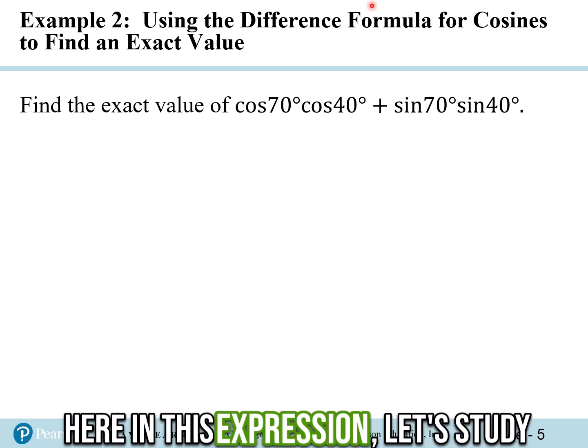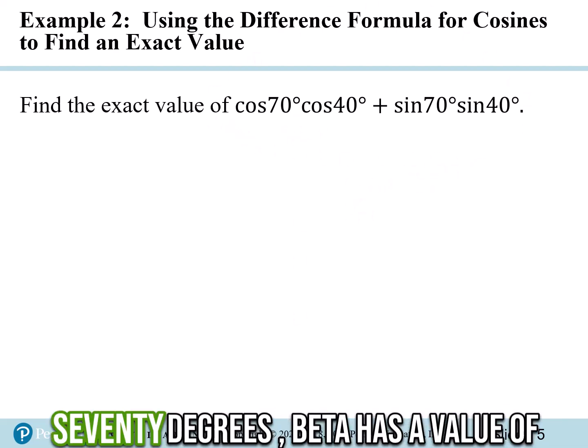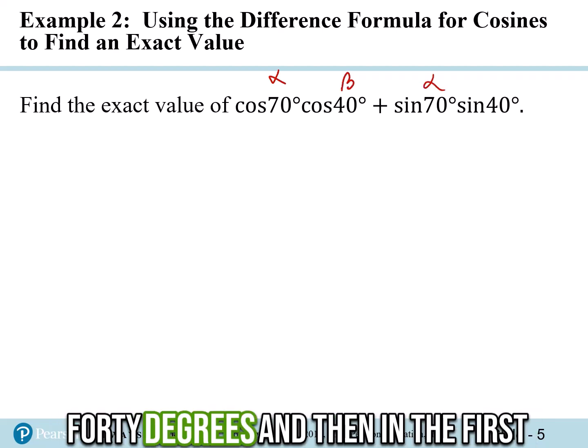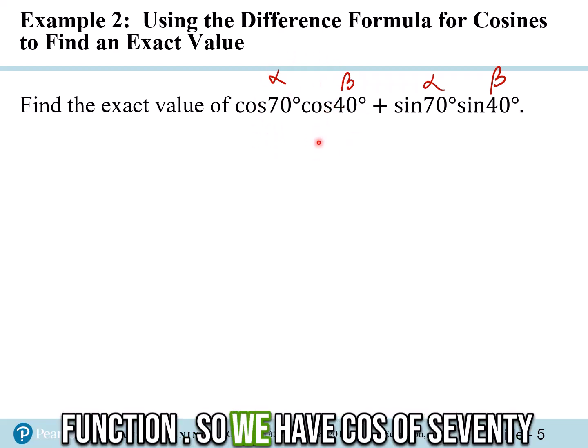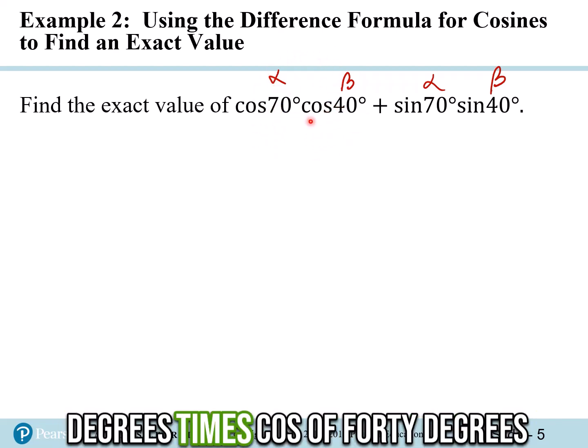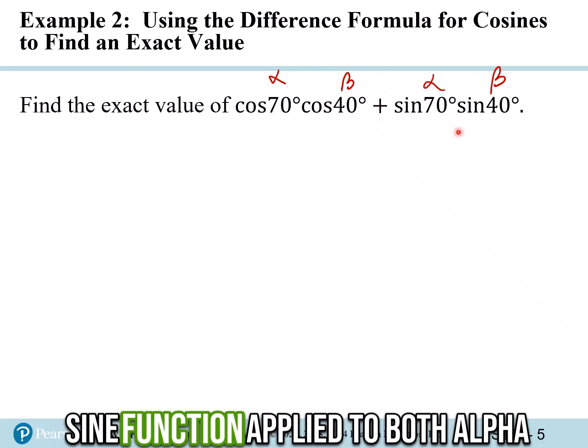Here in this expression, let's study this closely. Alpha has a value of 70 degrees, beta has a value of 40 degrees, and then in the first term, both angles use the cosine function. So we have cos of 70 degrees times cos of 40 degrees, and then a plus sign followed by the sine function applied to both alpha and beta.